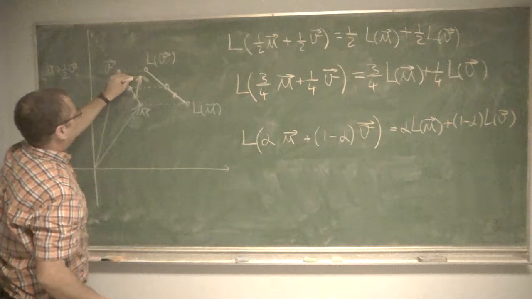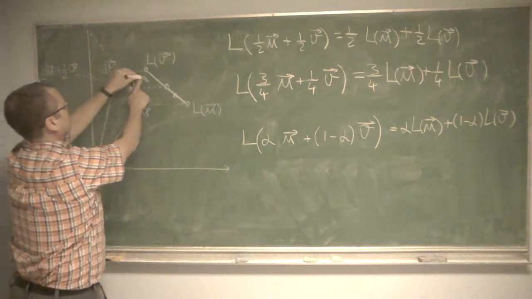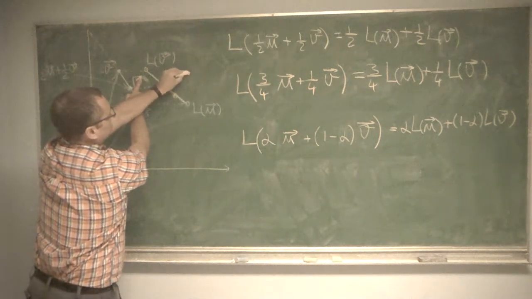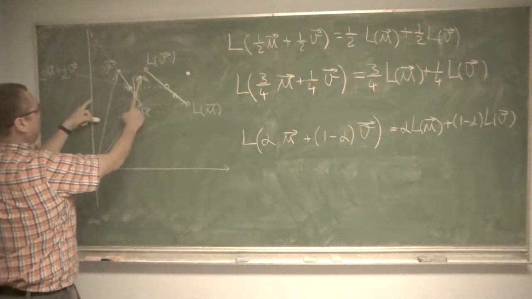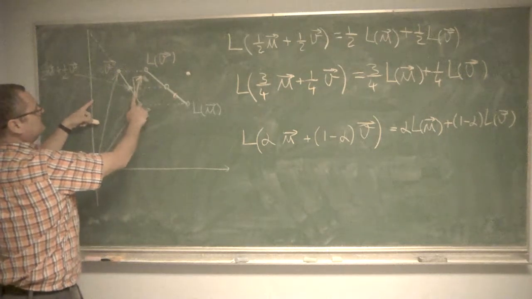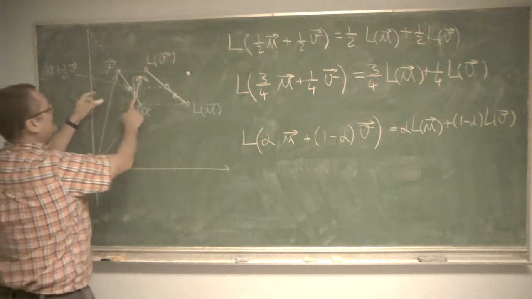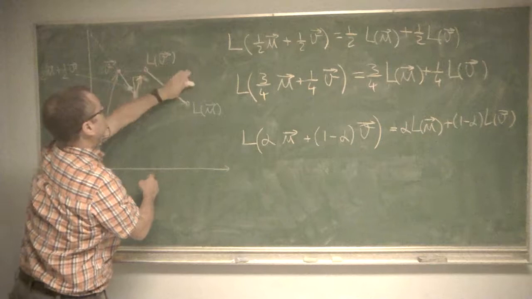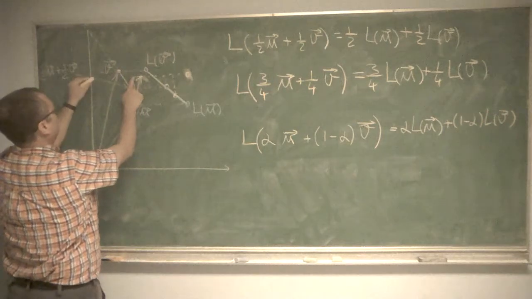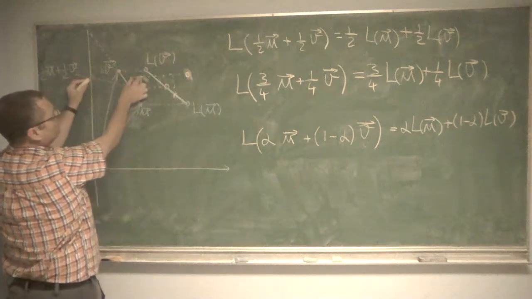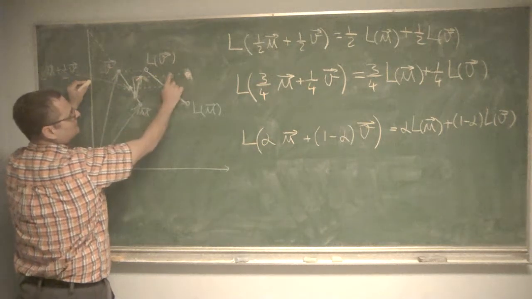so it must be a scalar multiple of vector V. And so if I have here a right triangle, if I want to see where this is going to land, where does it get mapped? So it's somewhere here. Well, from here to here is twice the distance from here to here. All right, and so similarly here. This point gets mapped here, and so this distance has to be twice the distance from here to here.